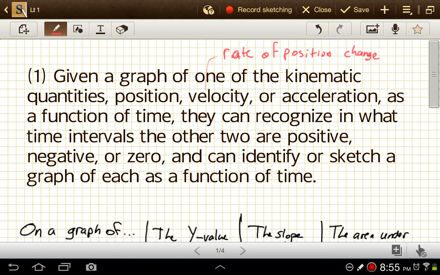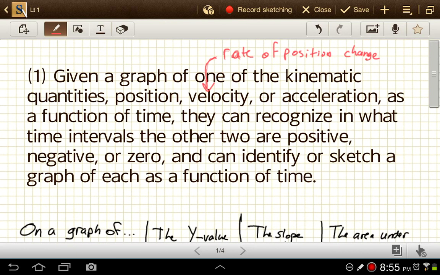And anytime we talk about rates, that's how quickly something changes over time. So velocity is how rapidly position changes over time. If you move from one place to another very quickly, then you have a high velocity. And if you do that more slowly, then you have a lower velocity.